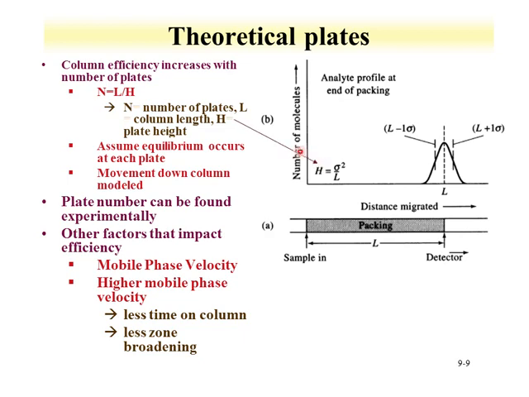H, this plate height, is described as the square of your standard deviation divided by the length. Some of the basics of theoretical plates assume that equilibrium occurs at each plate, and from this you can model the movement of analytes down a column.